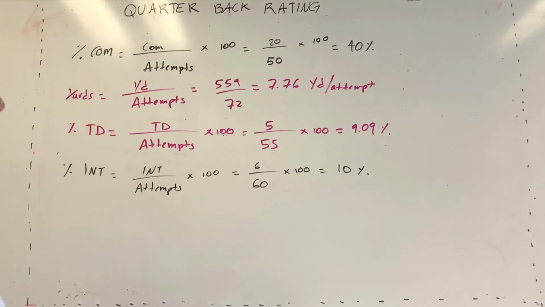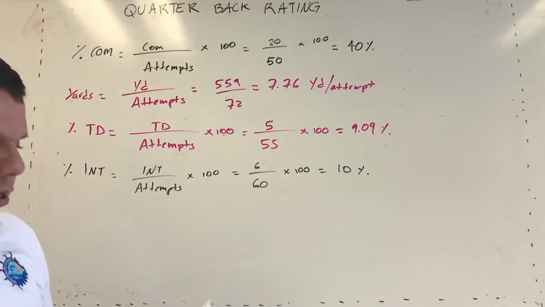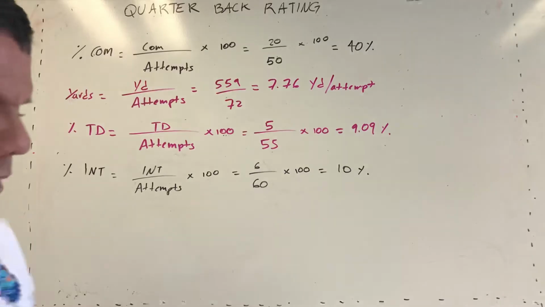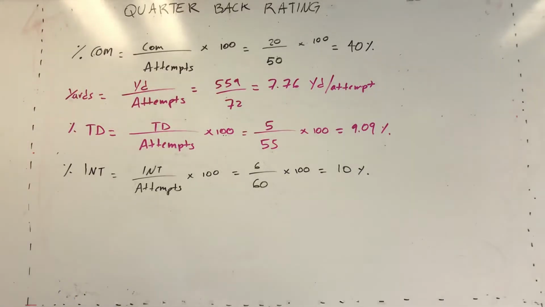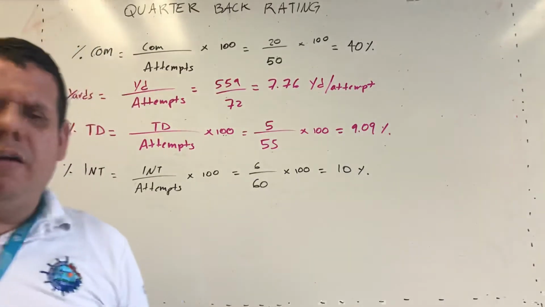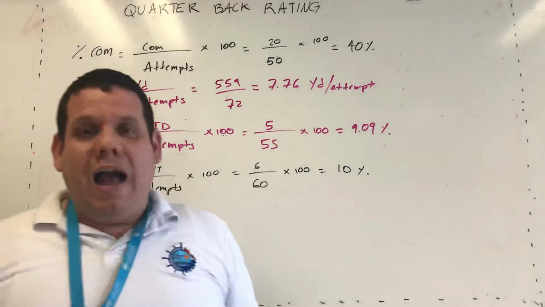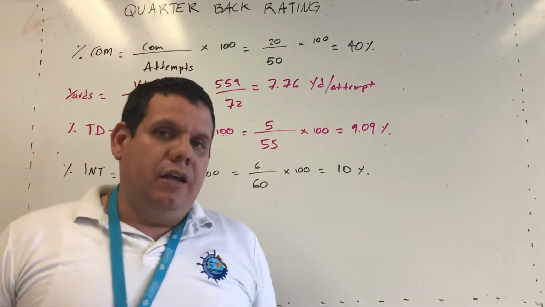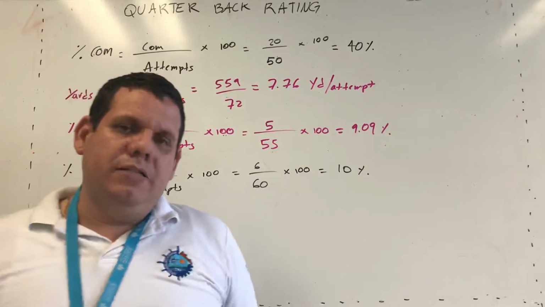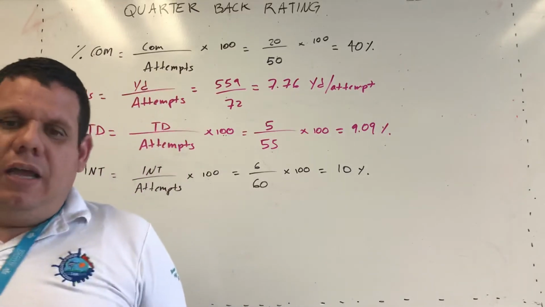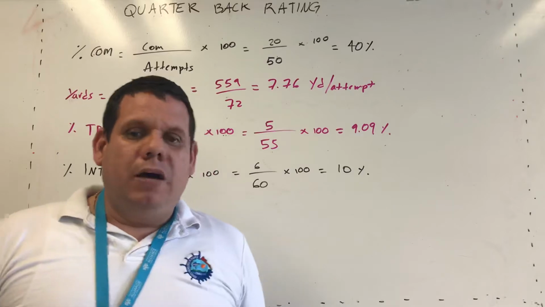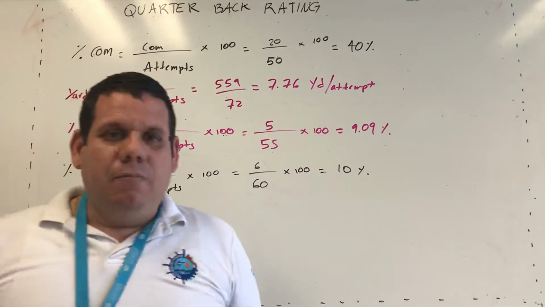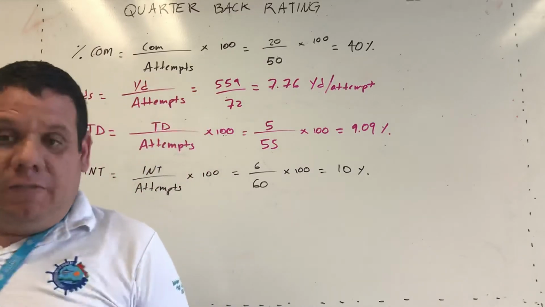Now the next problem is a little bit longer. We are going to get the quarterback rating. The quarterback rating tells you how good a quarterback is. A low score means that the quarterback is not performing well, but the score cannot be more than 153.8.